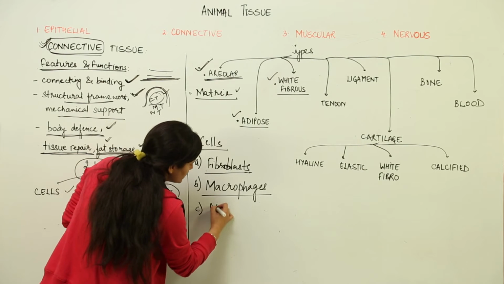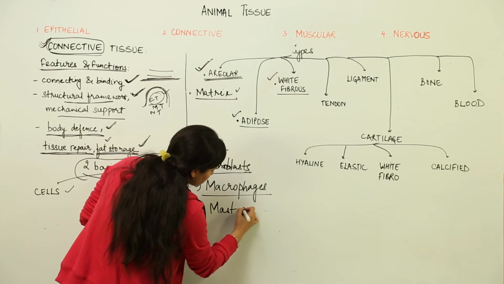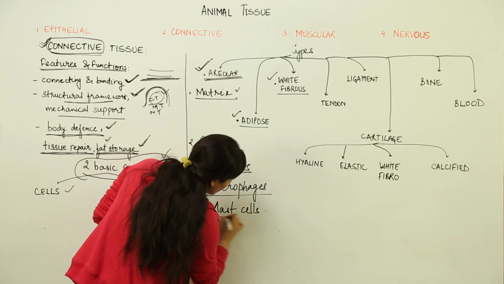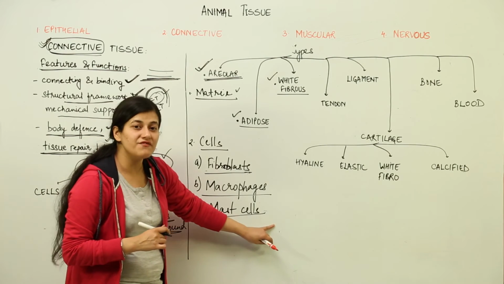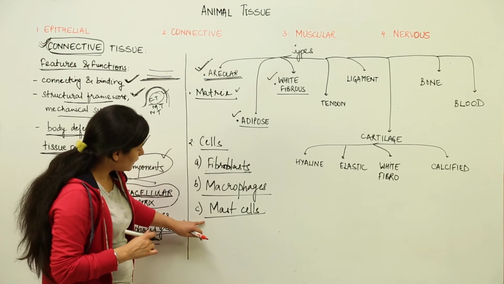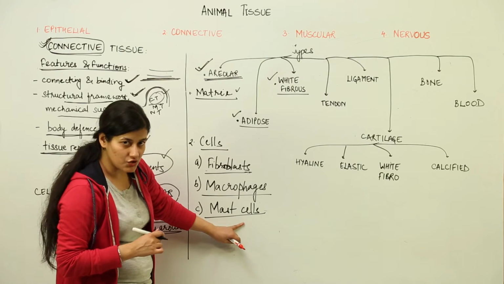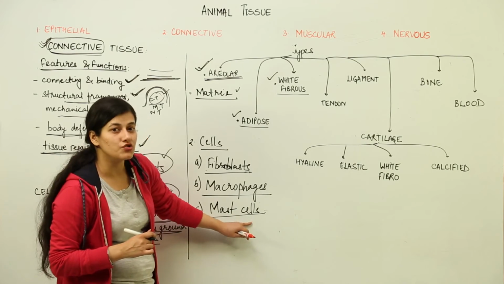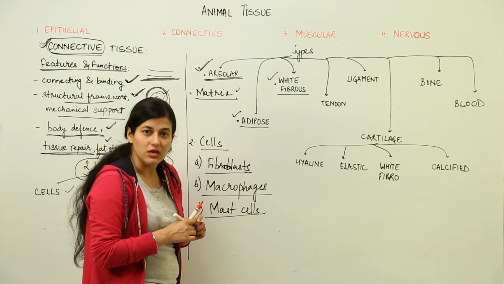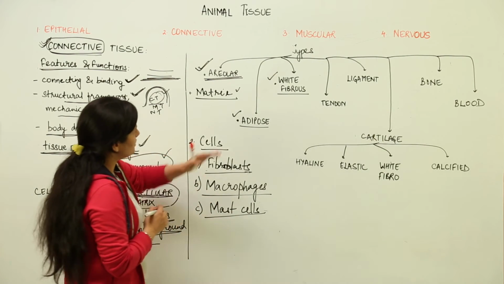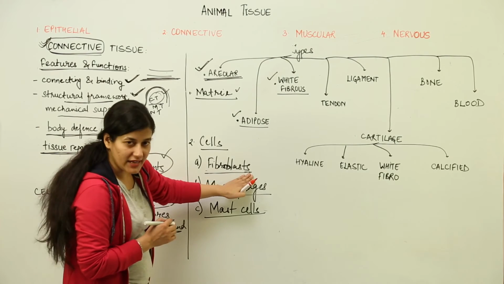And the last one is mast cells. What are mast cells? These are the cells which are responsible for inflammatory responses. So if anything inflammatory has come inside the tissue, there would be a response caused by mast cells by the release of histamine proteins.